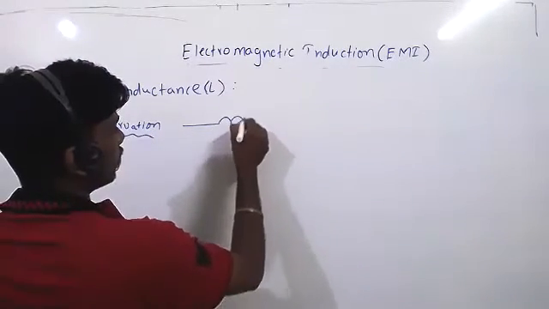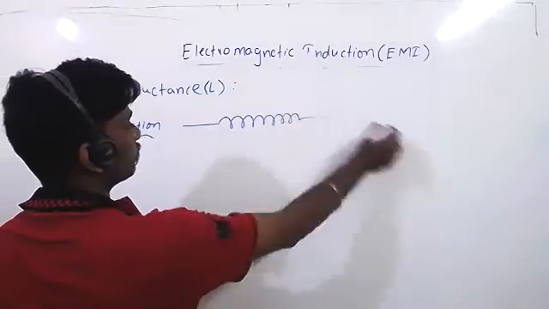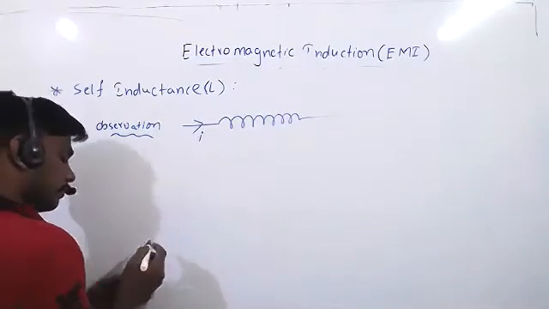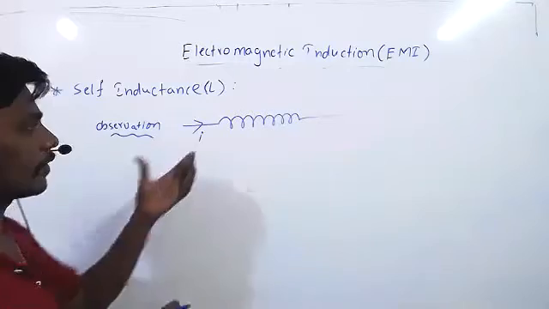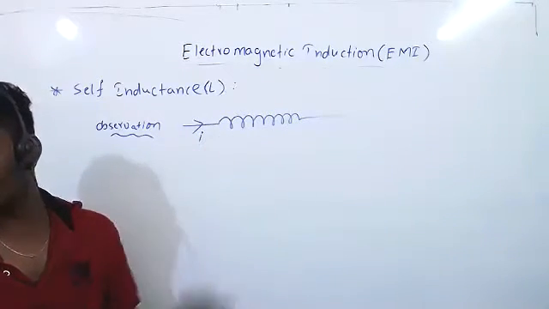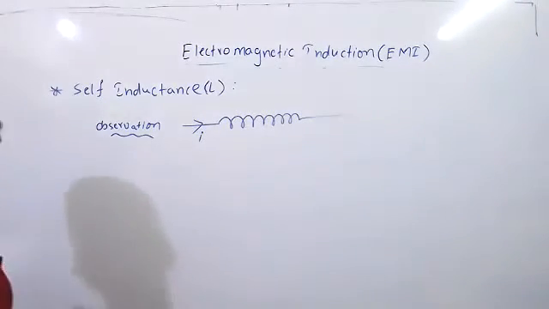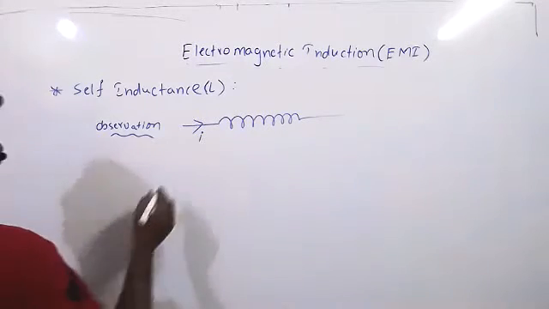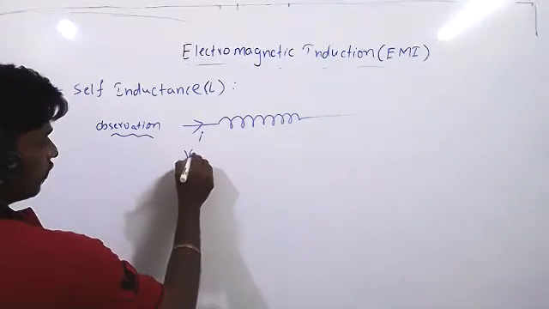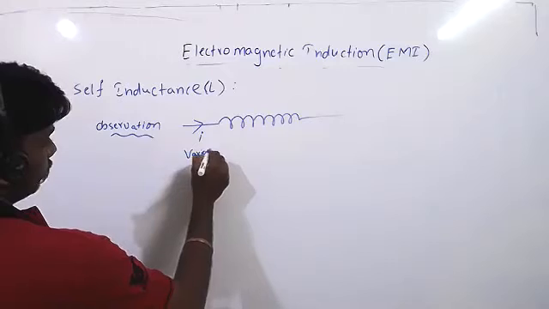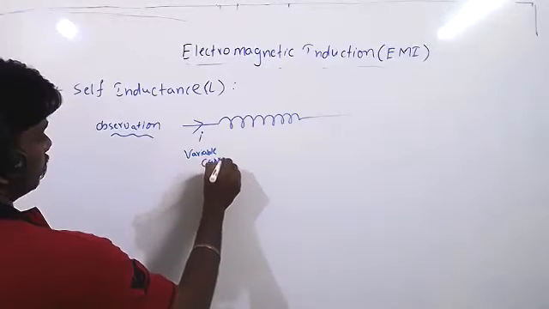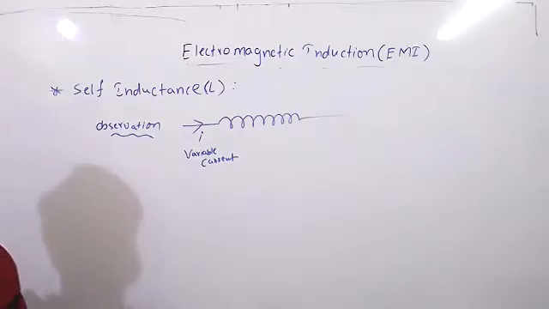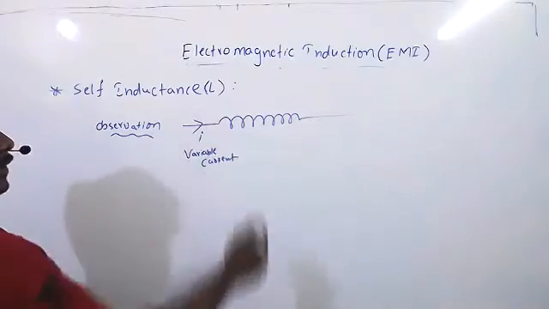Suppose it is a coil. Now when current is passing through this coil, what will happen? It is not constant current, okay? It is variable current. Current is changing.